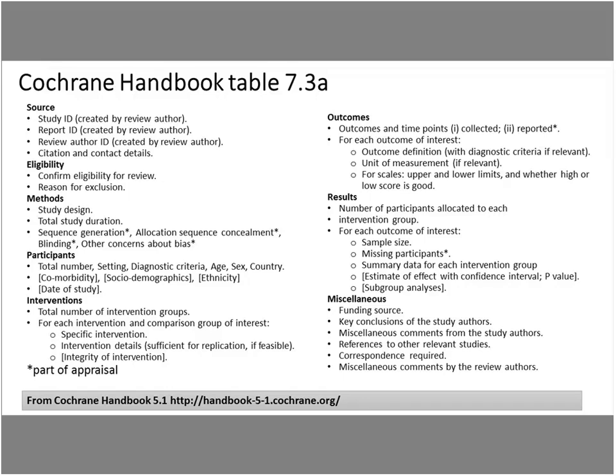And Cochrane does show in this table that there are items on here that would be part of their appraisal, which has 7 items that they look at for randomized control trials. And then you can see they work through the results and then miscellaneous things.